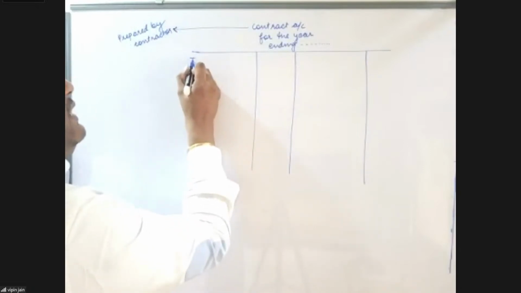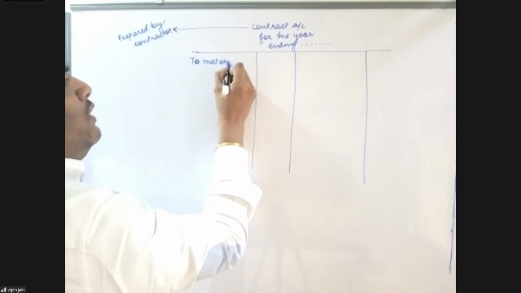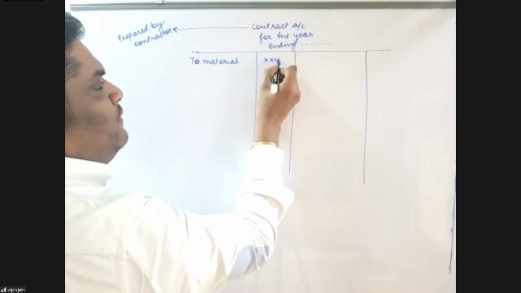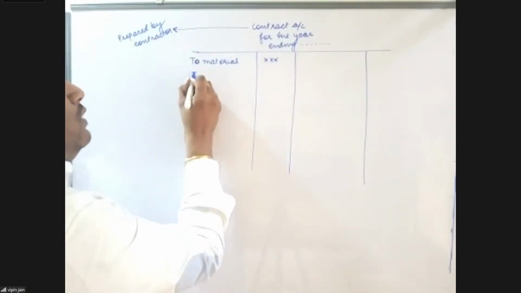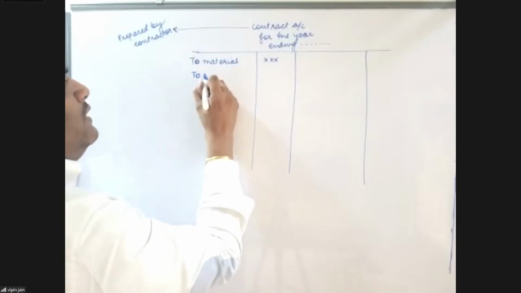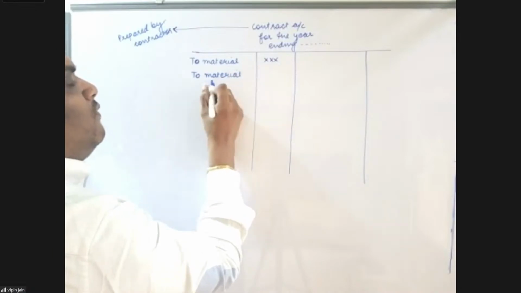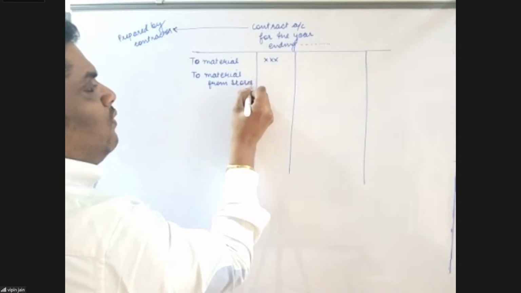So if any material is purchased or sent from stores to the contract site or construction site, we'll write to material. If any material is consumed from stores, then we'll write to material from stores.